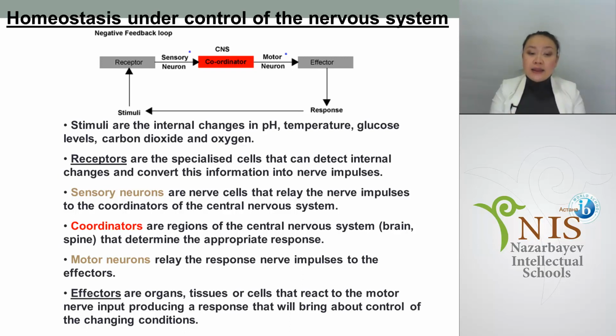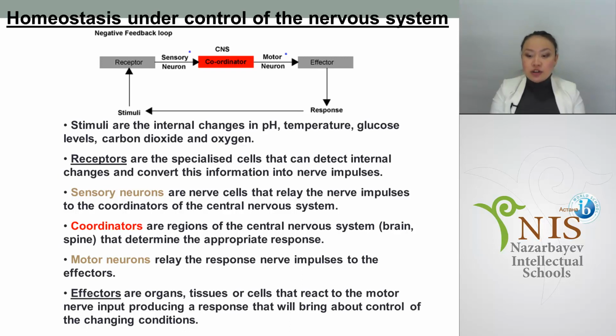First, stimuli are the internal changes in pH, temperature, glucose level, carbon dioxide and oxygen. Receptors are specialized cells that detect that change and convert this information into nerve impulses. Then sensory neurons are nerve cells that relay the nerve impulses to the coordinators of the central nervous system.